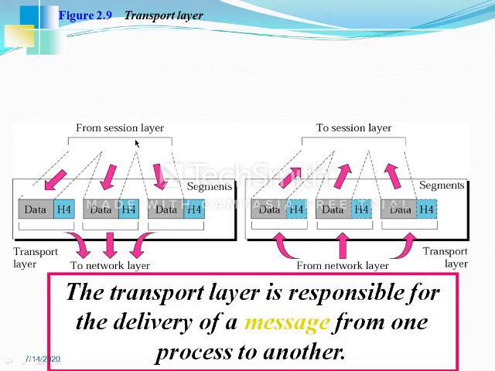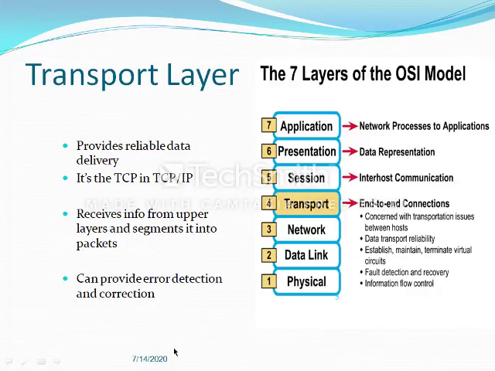So, from the session layer through the transport layer, the data will be segmented, 1, 2, 3, like that. The segmented data will go to the network layer. Now the data goes through data segmentation.